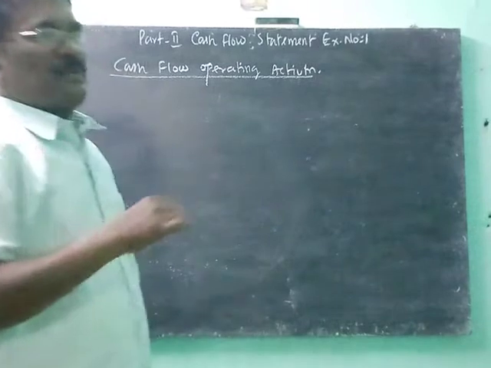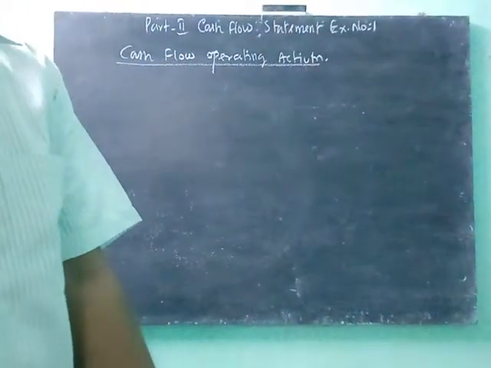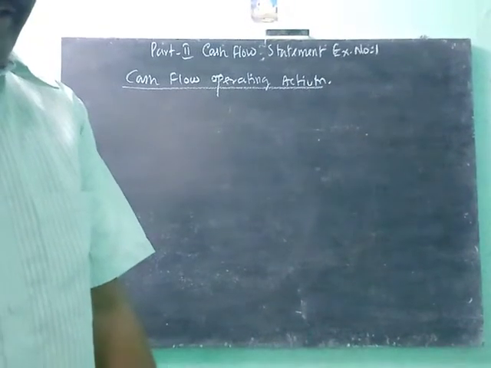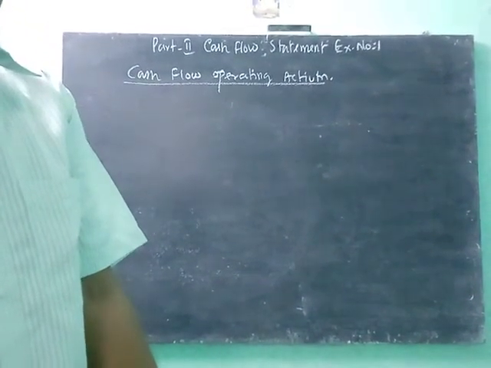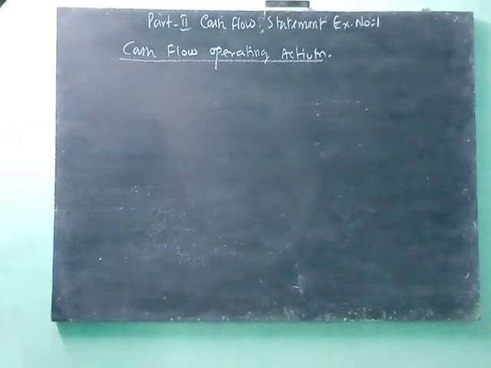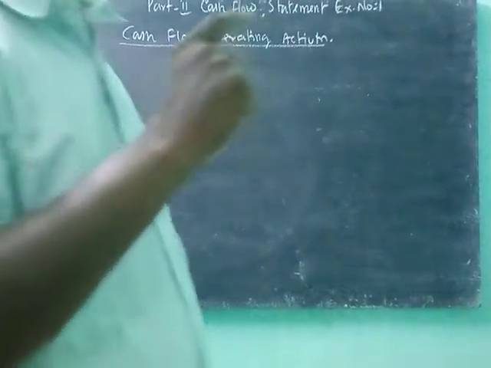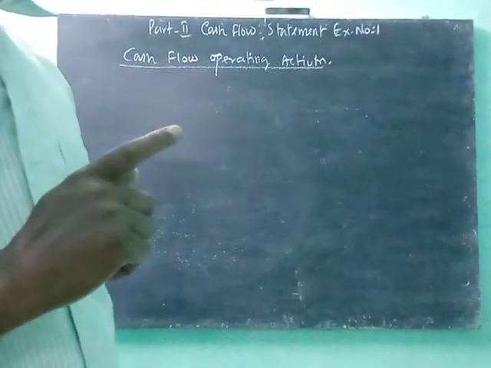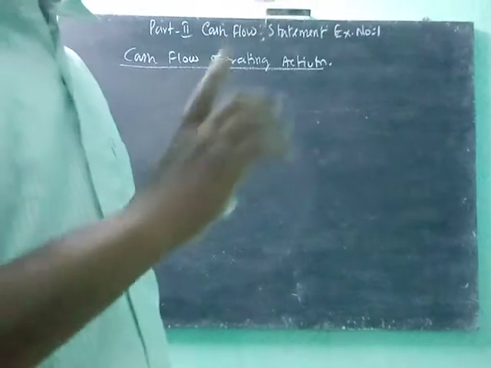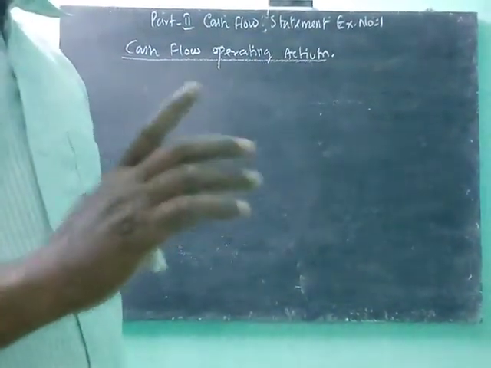For this purpose, you calculate net profit before tax and extraordinary item. Before tax means you add provision for tax to the profit. Extraordinary items are abnormal items not related to operating activity, like goodwill written off, patent written off.